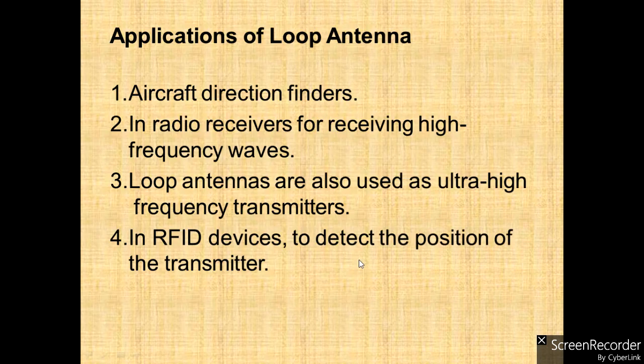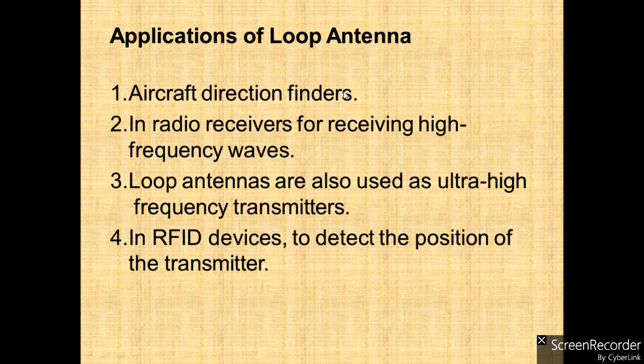And we can go with the applications of loop antenna. These loop antennas are used in aircraft direction finders, so in order to find out the directions, we use this loop antenna. The second point, in radio receivers for receiving high frequency waves.